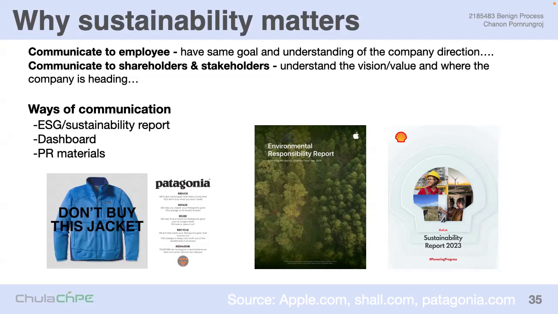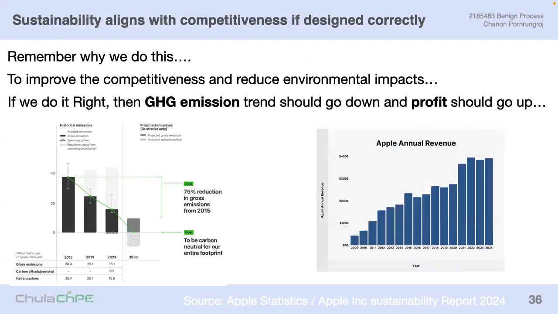Or even Patagonia, if you know, this is the advertisement from a few years ago. They said, don't buy this jacket. They know that the jacket is not sustainable. They know that people buy it because of fashion. So they said, don't buy it. If you already have one, don't buy it. Don't buy it because we make new products. Buy it because you actually need it. So these are the strong key messages that the company can convey.